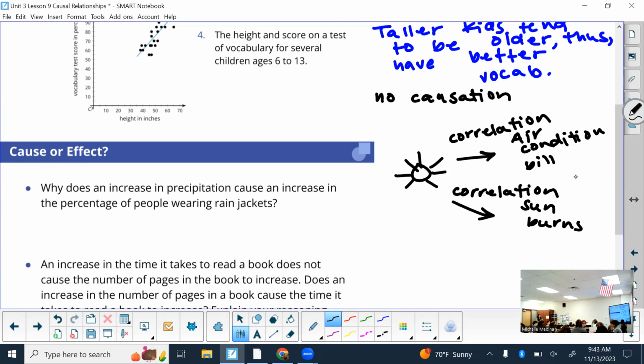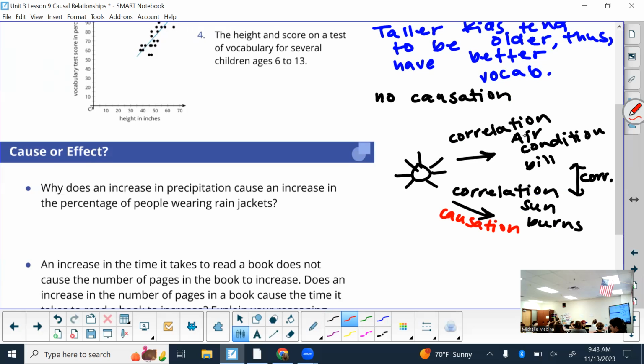You can even say that between these two, since they both go up in the summer, there's a correlation between these two. But do you know anything else that causes a sunburn other than the sun? Or is it only the sun that causes a sunburn? Since it's only the sun that can give you a sunburn, there's causation here.